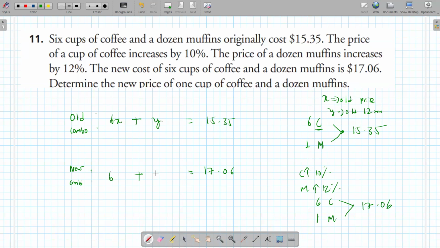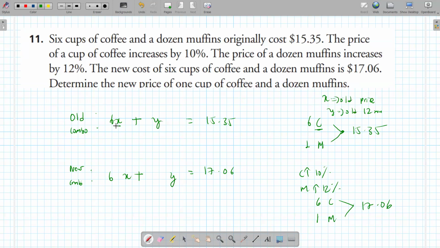The new one will also have a 6 and a 1. But if the price goes up by 10%, let's say initially the price was 1. If it goes up by 10%, what's the new price? It'll be 1 plus 0.1. It'll be 1.1.